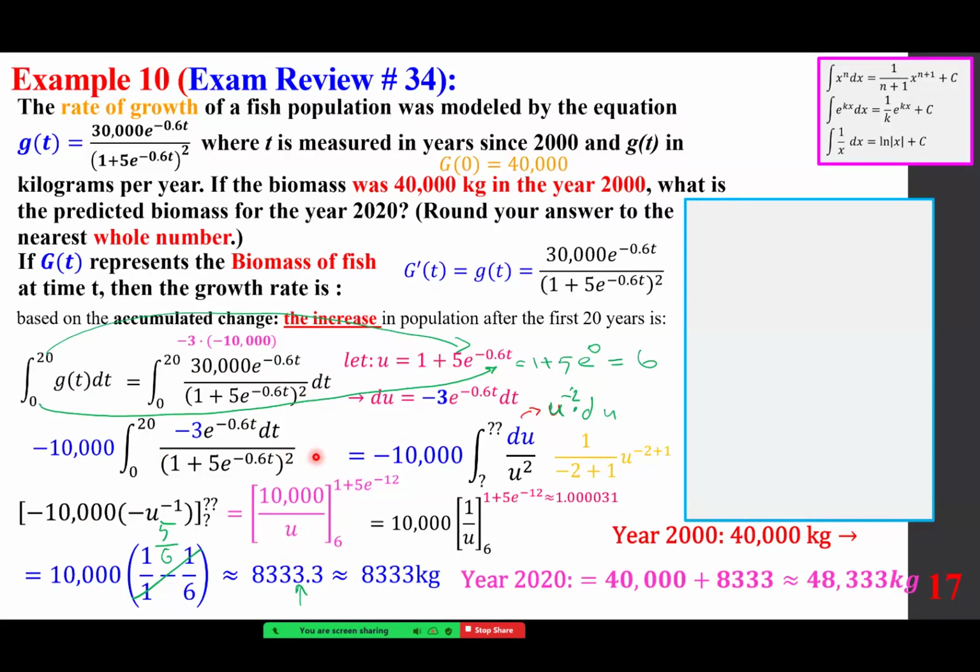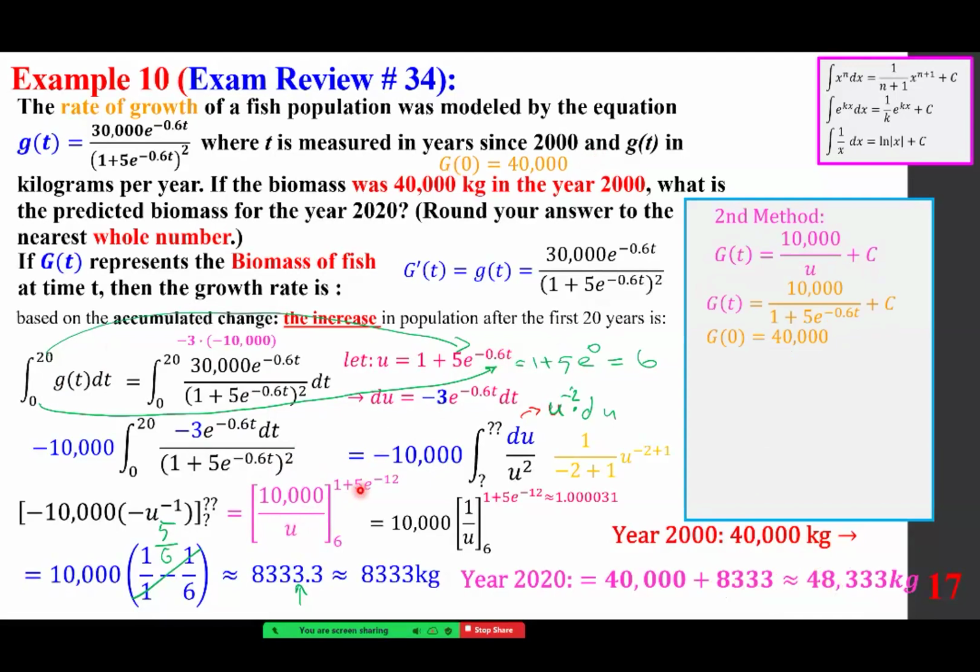I come here and I see I have 10,000 over u. So I'm going to write 10,000 over u, which is 1 plus 5 e to the power minus 0.6t, and a constant. We've come this far. I'm going to replace the u with this, and g of 0, we know it to be 40,000.